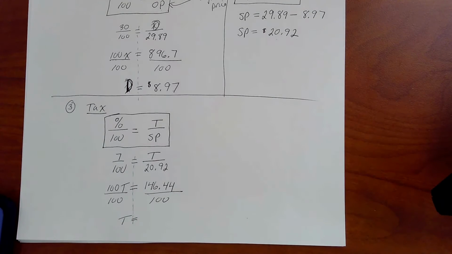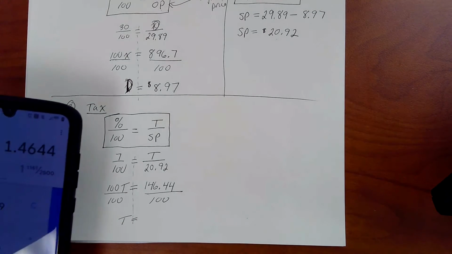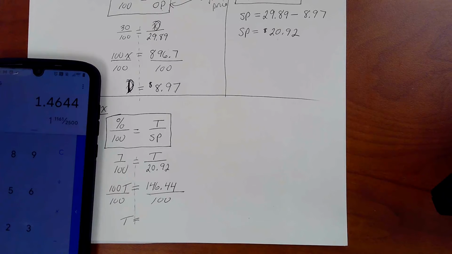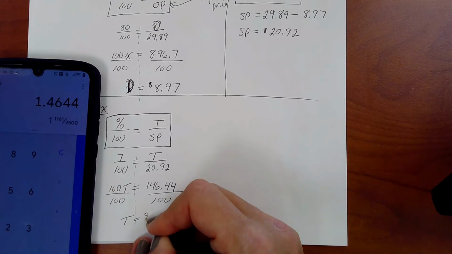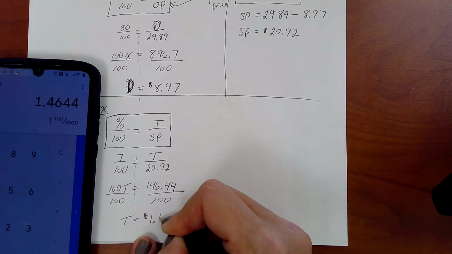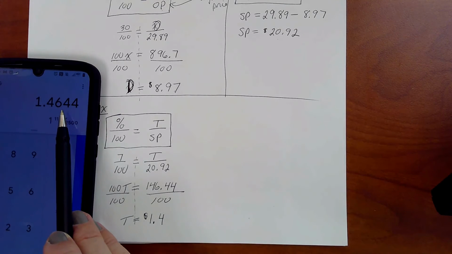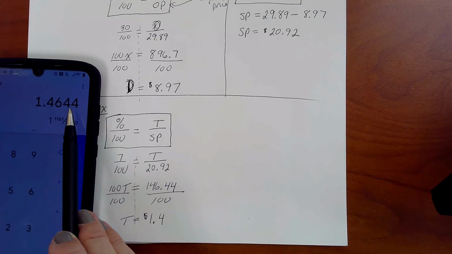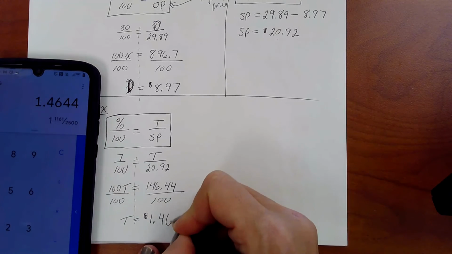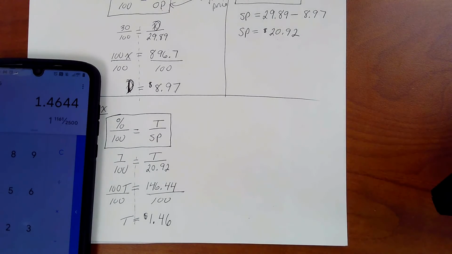Let's divide by 100. Okay, I'm getting 1.4644. So that would be what? $1.46. Is that going to stay a 6 or go up to a 7? Well, look one over, and that's a 4, so that's below a 5. So that's going to stay. So the tax is $1.46.